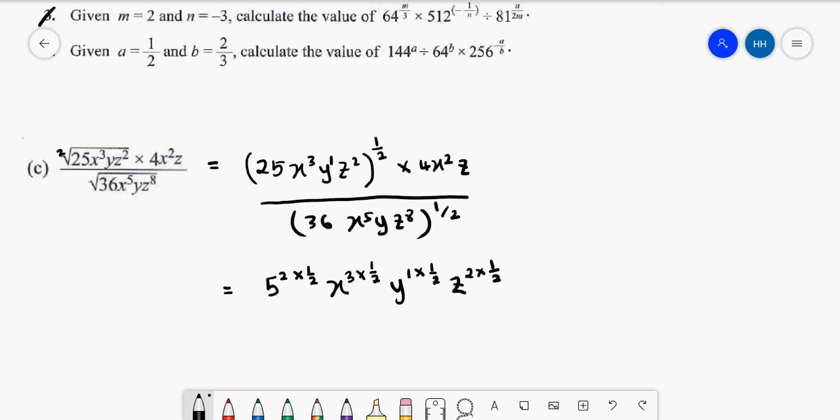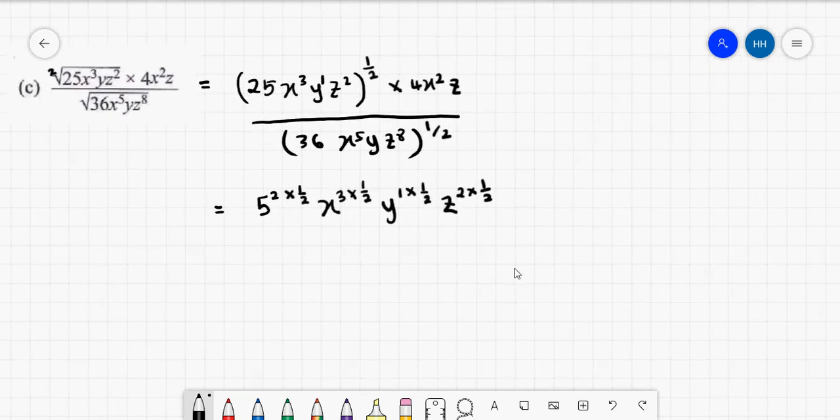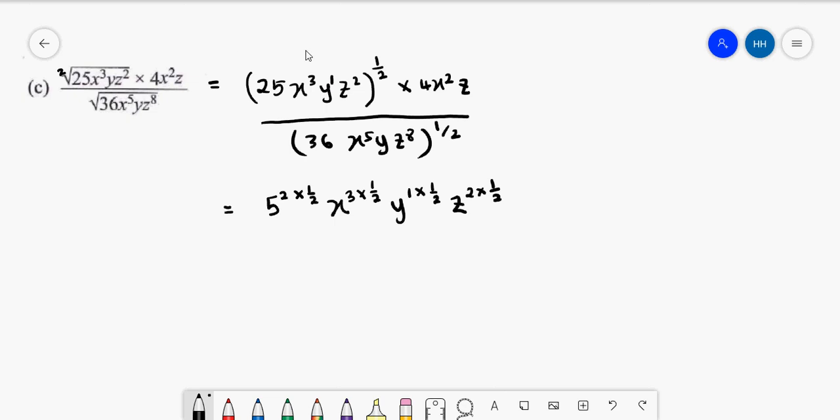So for this bracket, you expand it, it becomes like this.